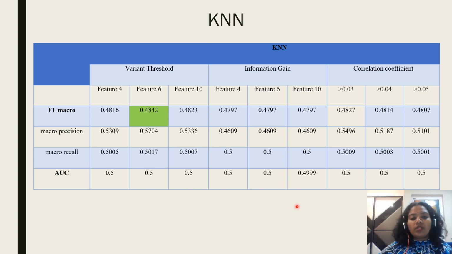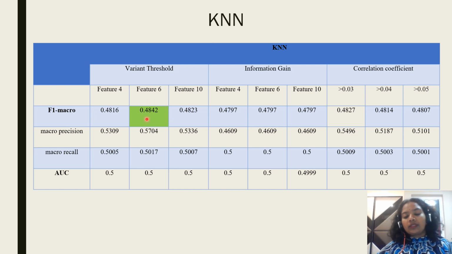But if we notice here, the AUC is almost the same. That is why I have picked F1 macro to compare the performance of the model. In this F1 macro, I can say that the variance threshold with 6 features shows the best performance and gives a very good accuracy.